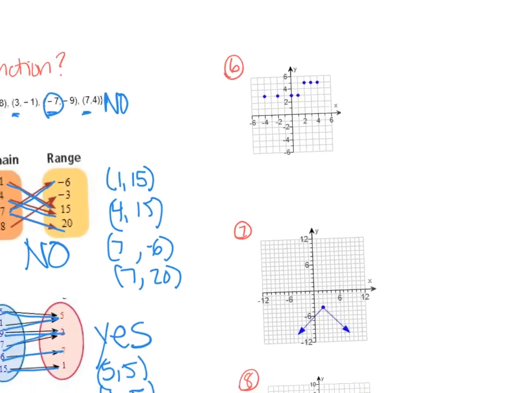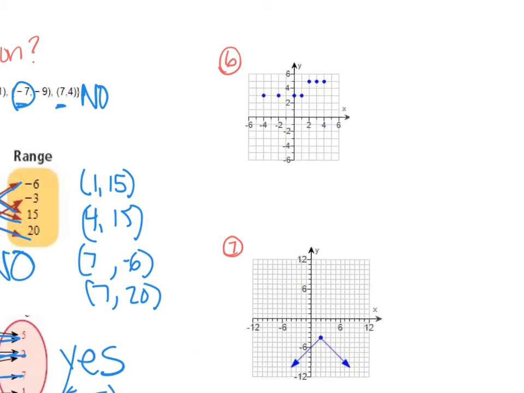Let's go and look at number 6. This is just a set of ordered pairs that are on a graph, but if we apply our vertical line test, you can see that it intersects only 1 point at a time. So yes, this is a function.